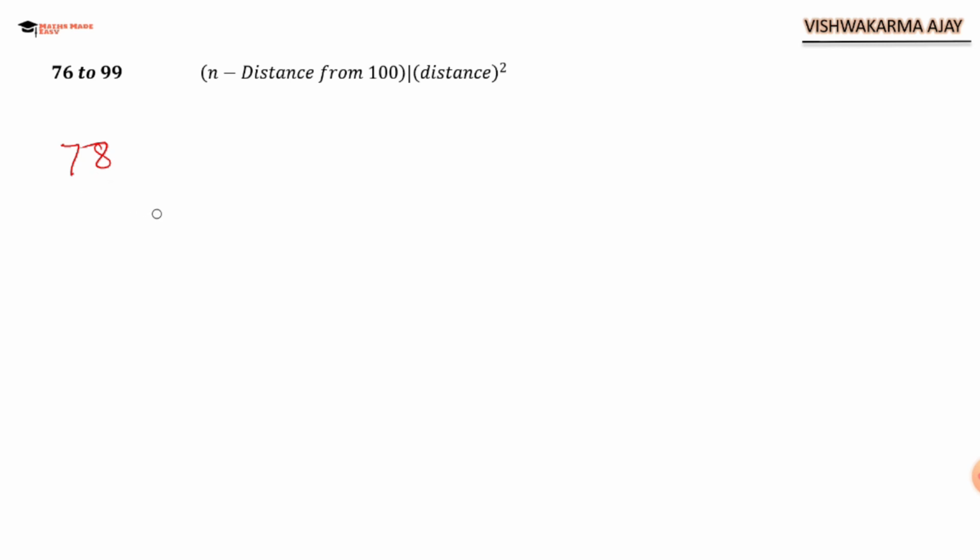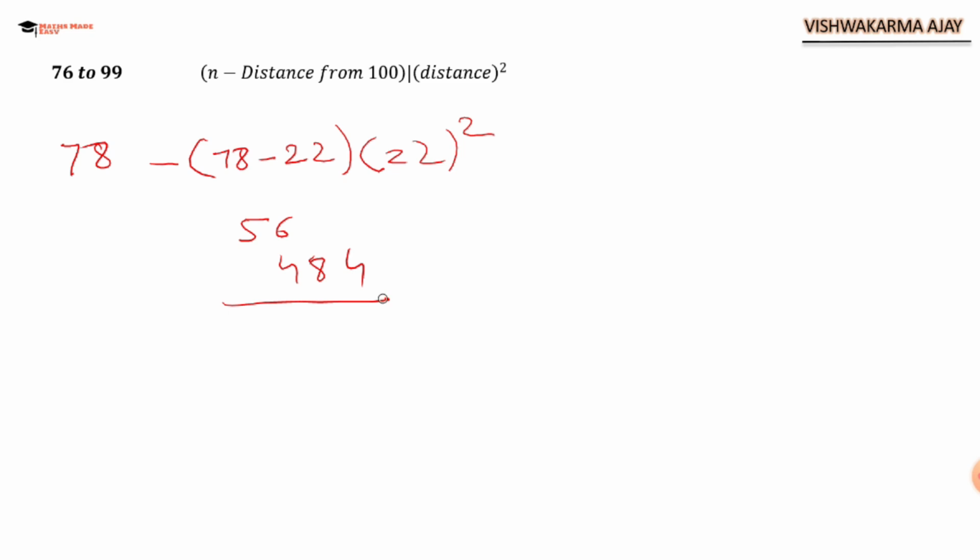It is 22 less. So my distance is 22. Now my concept is 78 minus 22 and the square of 22. 78 minus 22 is 56. Square of 22 is 484. It is going to be 6084.